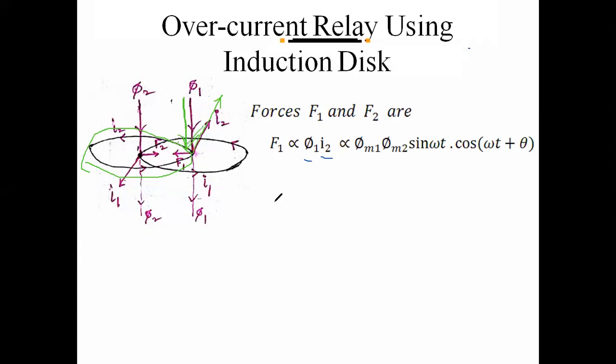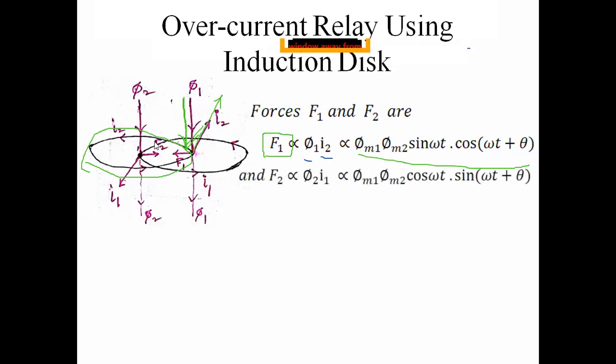Due to this flux phi 1 and I2 current, a force is created on the disc. So F1 is proportional to phi 1 into I2, and we get the expression phi m1 phi m2 sin omega t cos(omega t plus theta), from the previous equations. Similarly for force F2, it is produced by phi 2 flux.